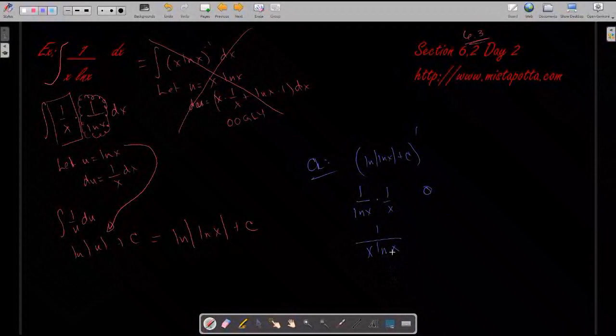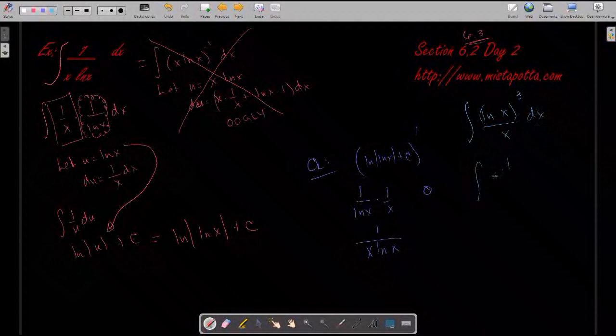So this is something that we'll see a lot with natural log. I can see a lot of different integrals involving natural log. I might see something like the natural log of x cubed over x dx, or I might see the integral of 1 over x times the natural log of x squared dx.